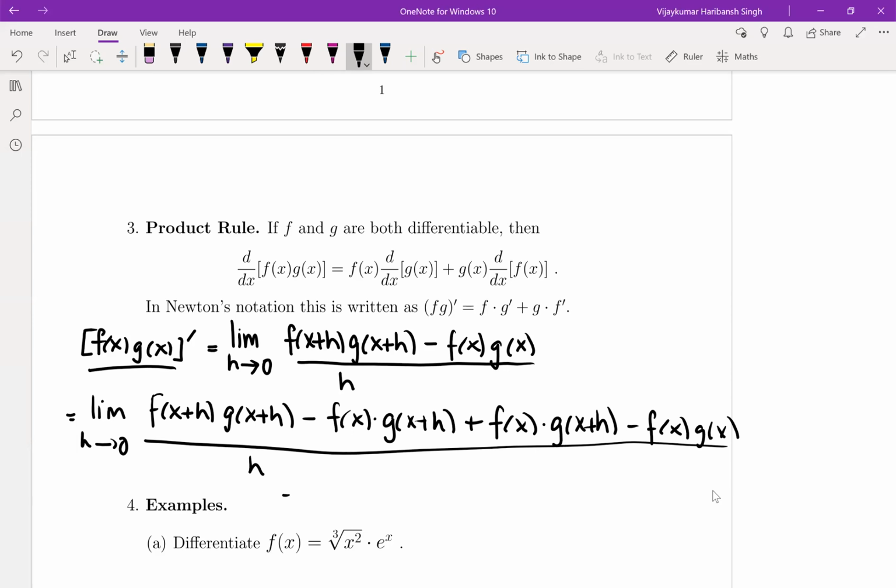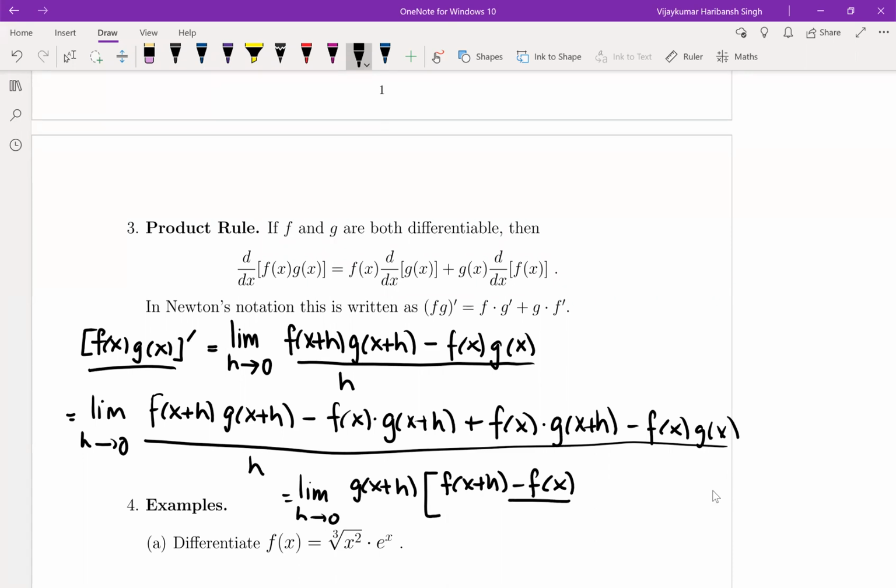Now here, from the first two, you can take g(x+h) common. So you have g(x+h). What is left in the bracket? f(x+h) minus f(x). And then you're dividing the whole thing by h.